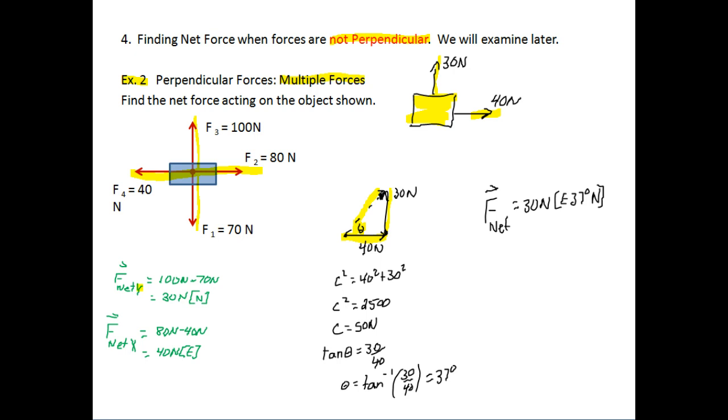So you want to think of it this way. It's as if one force was pulling the object here, and the angle, say to the ground level or to the horizontal, is 37 degrees, and it's pulling it with 50 newtons. Sort of like a wagon being pulled on a handle. Okay.